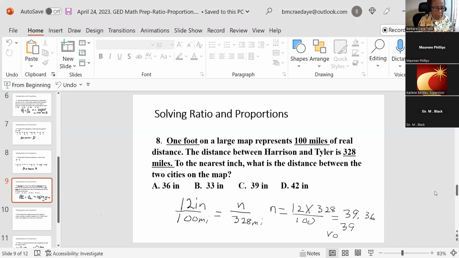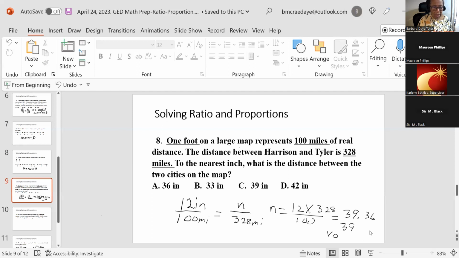Yeah. 12 times 328 divided by 100 because it's 100n, right? So you got the same answer. Always divide by the number that goes with the coefficient. That's the unknown, right? So 12 times 328 divided by 100.